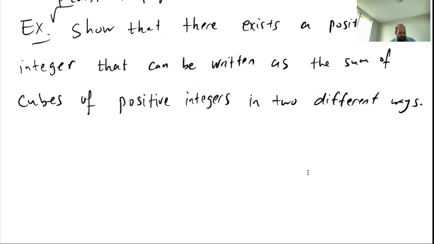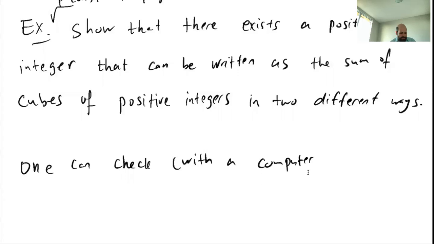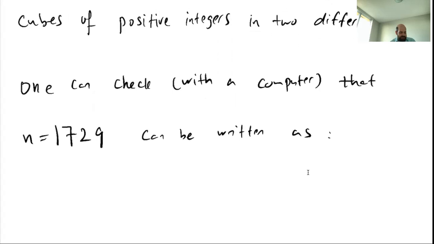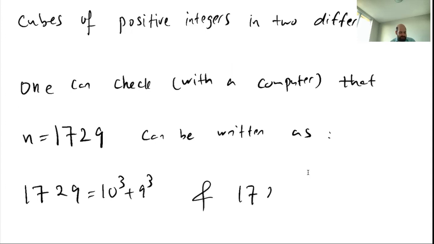So one can check with a computer that n equals 1729 can be written as 10 cube plus 9 cube, and also can be written as 12 cube plus 1 cube.